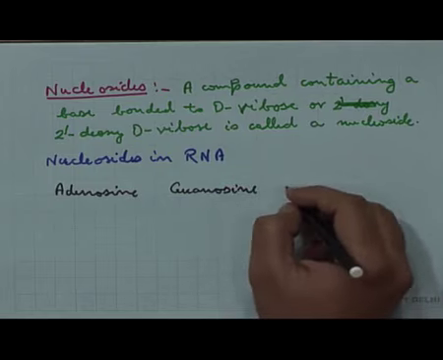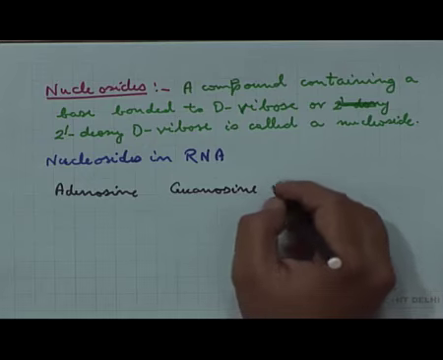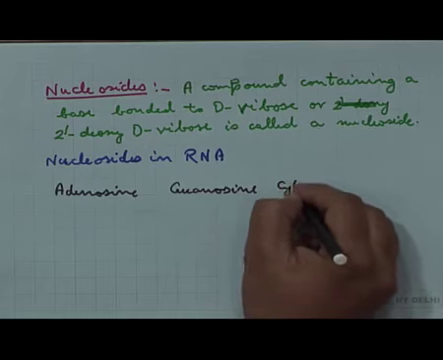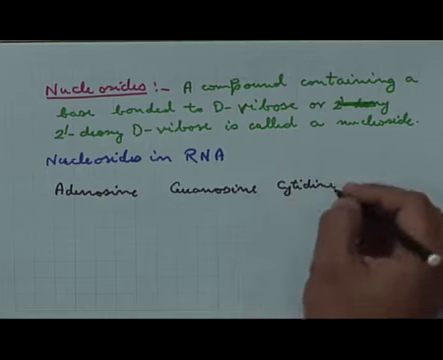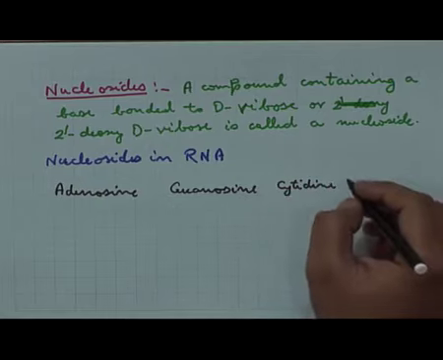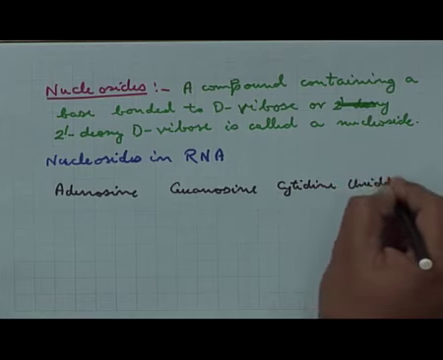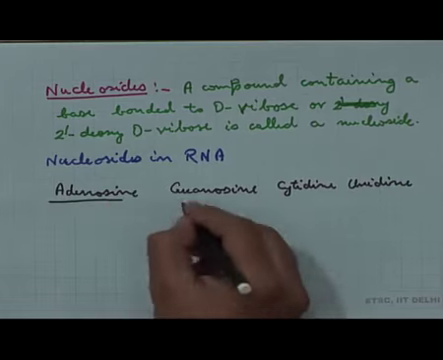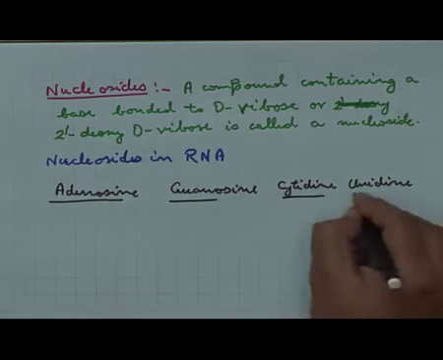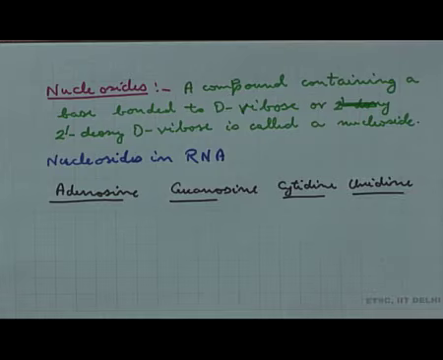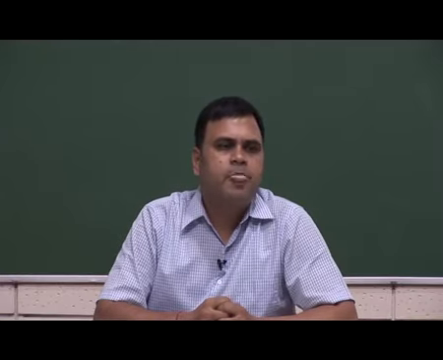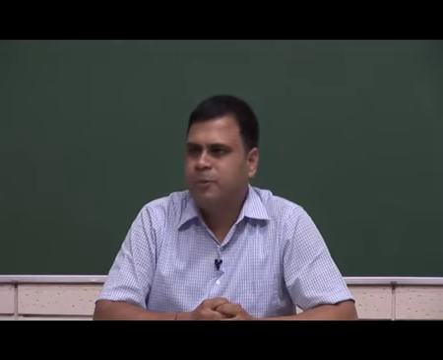D-ribose connected with cytosine, cytidine. D-ribose connected with uracil is uridine. So, these are the nucleosides. I will stop here and continue with the structure of nucleosides in the next class. Thank you very much for the attention.